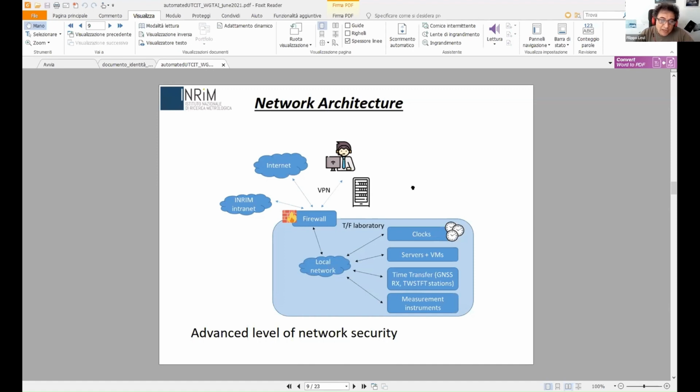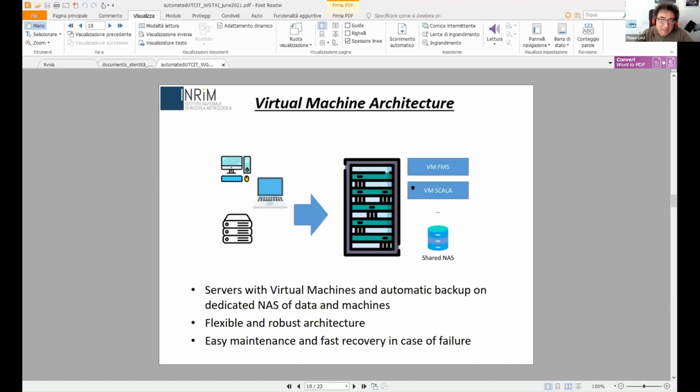The rest of the communication to the BIPM, the rest of the institute, is done outside this security frame that we have constructed in our laboratory.